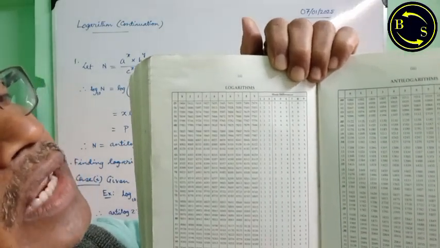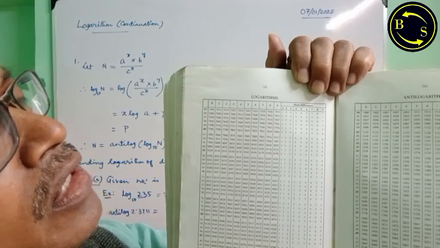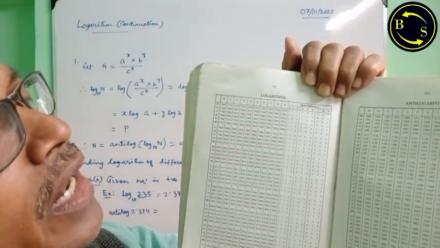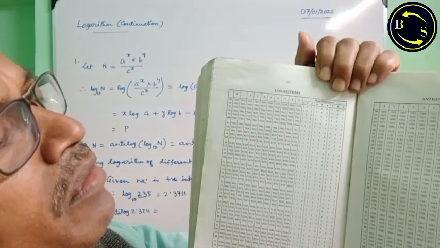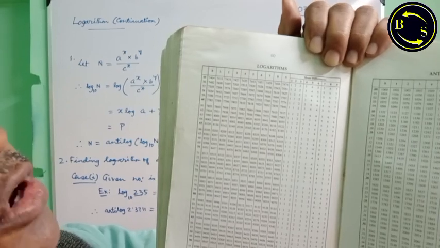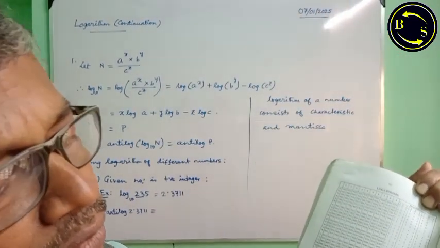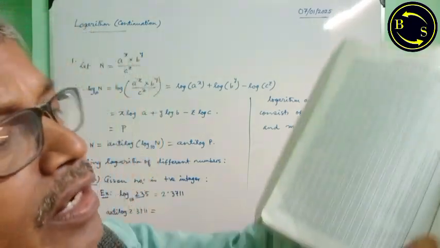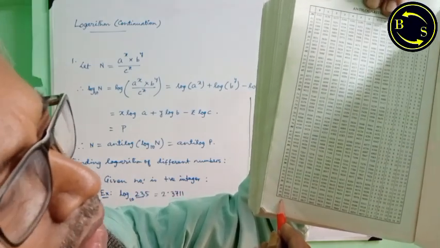At the top it is written antilogarithm, and the antilog table starts with rows headed with 0.00, then 0.01, then 0.02, then 0.03, then 0.04, etc. up to 0.99. At the end there is 0.99.